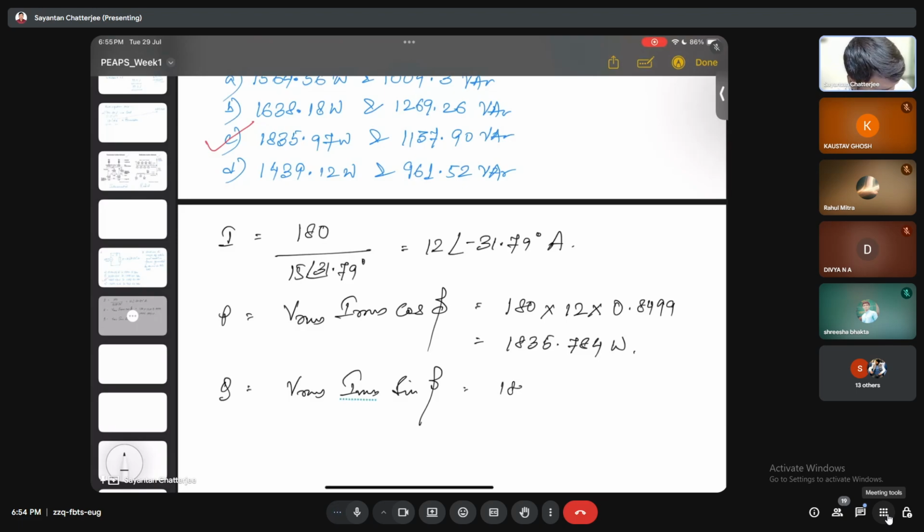It will again be V I into sin phi, sine of 31.79, which gives 1137.9.